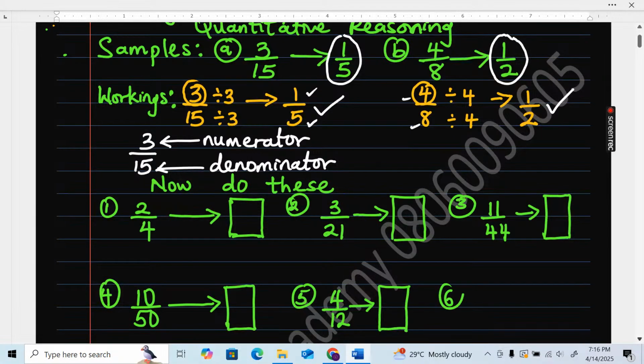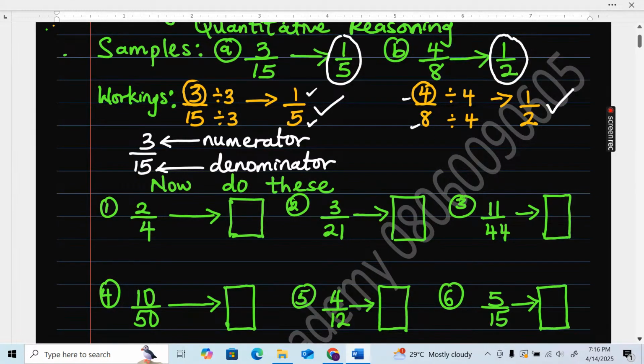Then I have the 6th exercise. I have 5 over 15 with an arrow shown to the right.